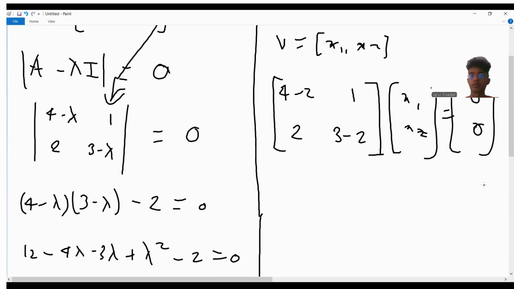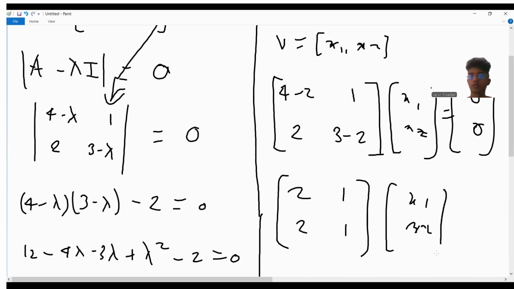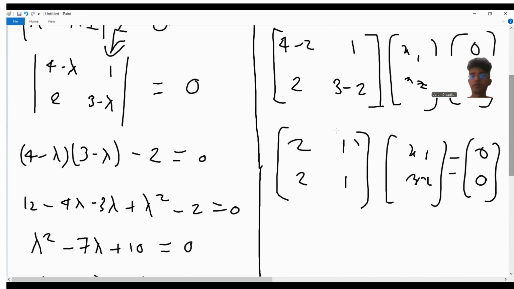So solve for this. This basically becomes 2, 1, 2, 1, into x1, x2 equals 0, 0.